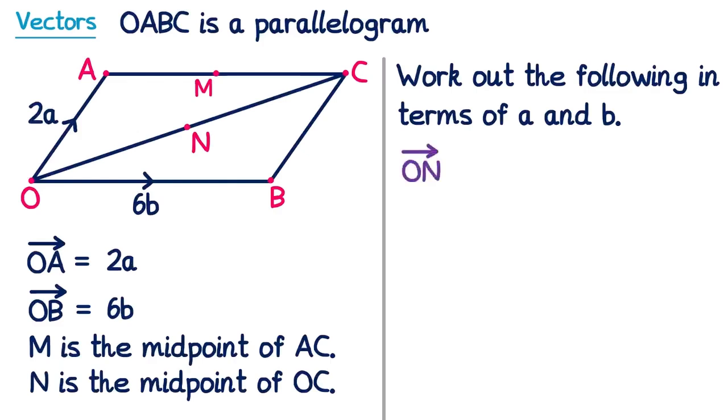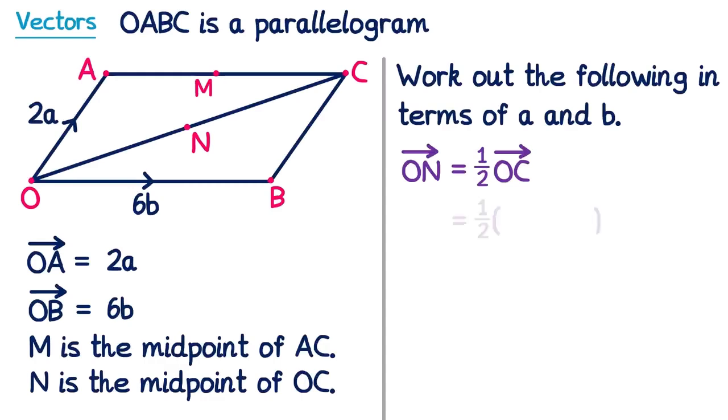So since N is in the middle of the points O and C, the vector from O to N must be half of the vector from O to C. So we could write that ON is half of OC. The problem is we don't know the vector from O to C. We're going to need to work that out first.